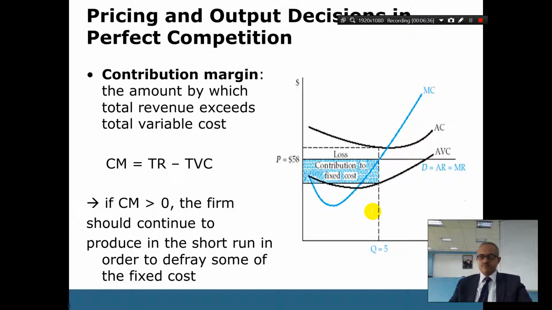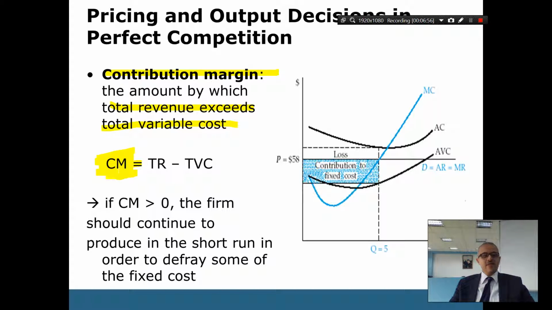Exactly. And this is the third scenario where we want to check this contribution margin. Here, the amount by which the total revenue exceeds the total variable cost. Contribution margin. Do you know what contribution margin is? Yes.